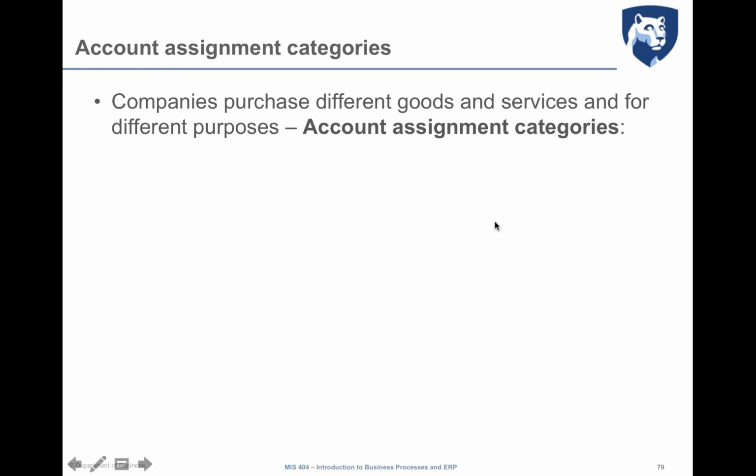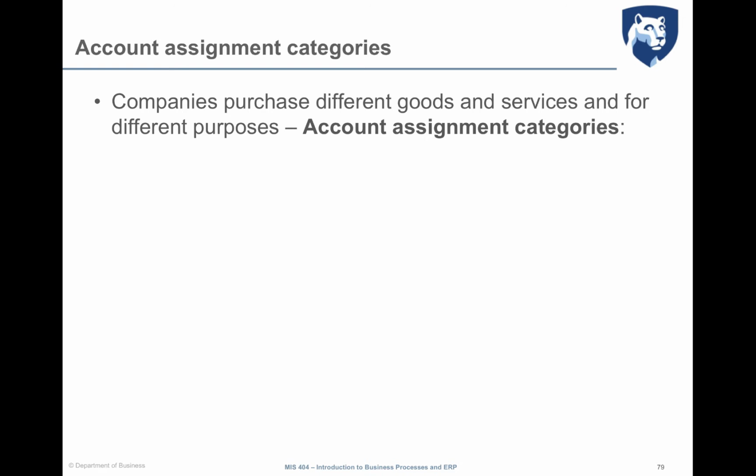Then we should also introduce the concept of account assignment categories, because companies use the purchasing process not just to buy direct or indirect material, but generally speaking, they purchase goods and services for different purposes. For example, they can also acquire assets such as cars and plants in order to support different processes like production, fulfillment, enterprise asset management, and stuff like this.